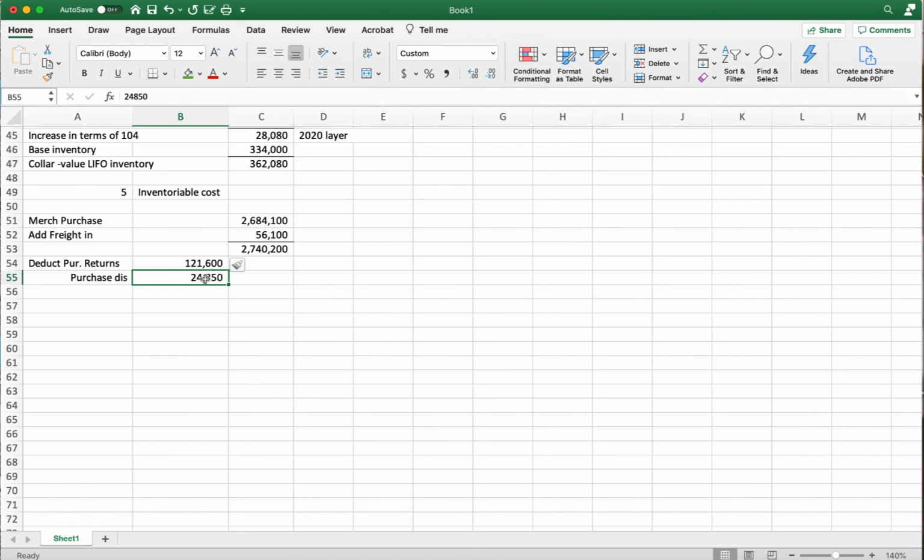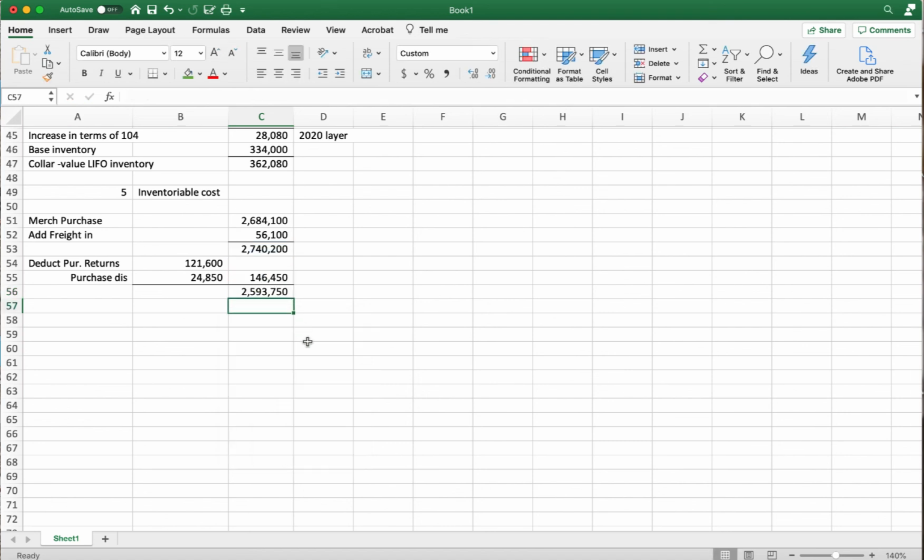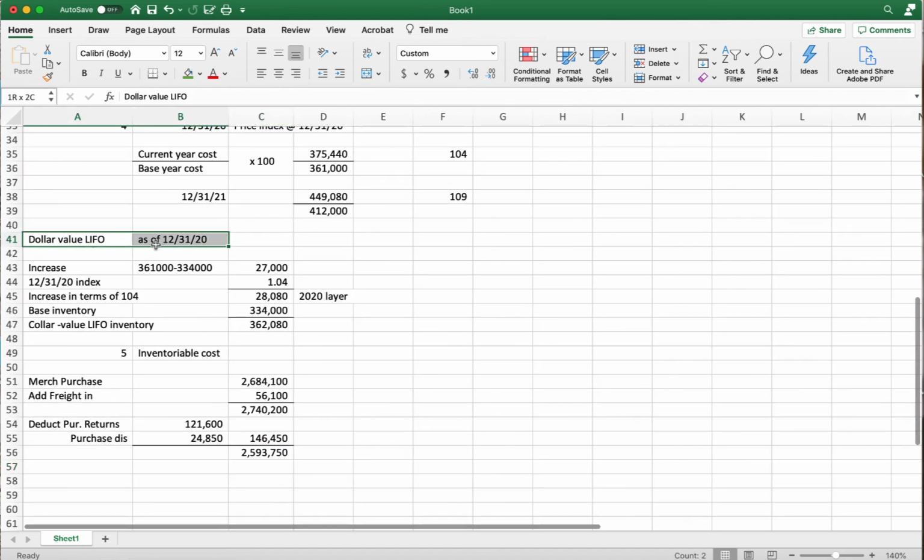If I subtotal all these deductions, purchase returns and purchase discounts, I get $146,450. So to figure out what our inventoriable costs are, I take my $2,740,200 and I subtract my discounts and allowances. I end up with $2,593,750.